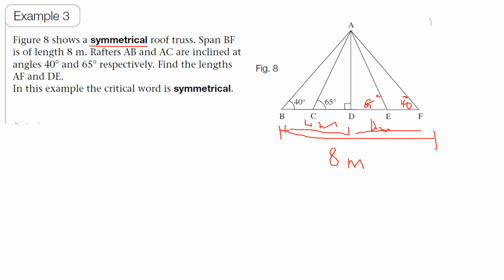And now they say the rafters AB and AC are inclined at the angles of 40 and 60 respectively.